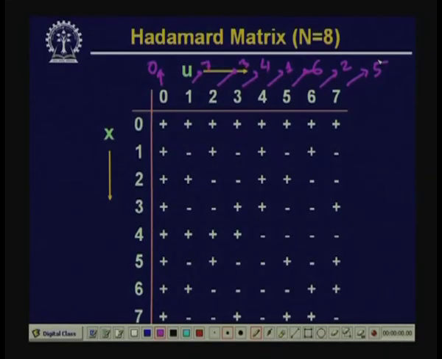So, for u equal to 0, the frequency is equal to 0; u equal to 1, the frequency equal to 7; u equal to 2, the frequency equal to 3. So, there is no straightforward relation between the value of u and the corresponding frequency, unlike in case of discrete Fourier transform or discrete cosine transform, where we have seen that increasing values of the frequency variable u correspond to increasing values of the frequency components.